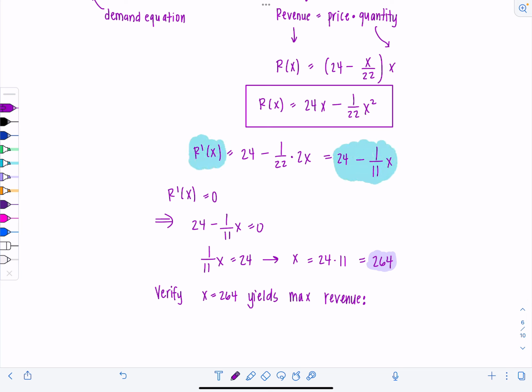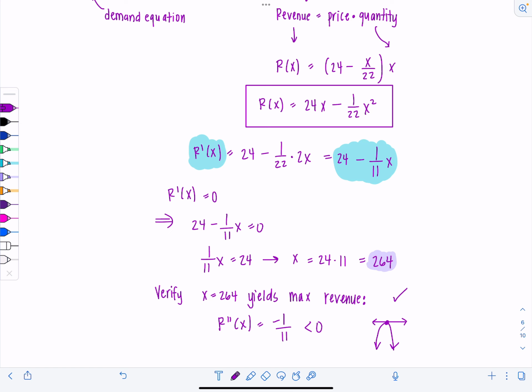Let's take a second derivative, R double prime of x. Derivative of 24, that's just a constant. Derivative of negative 1 over 11 x is negative 1 over 11. And I can see already the second derivative is always negative, which means my revenue function is concave down. So the critical value where the derivative is 0 indeed is a max. So we are good to go.